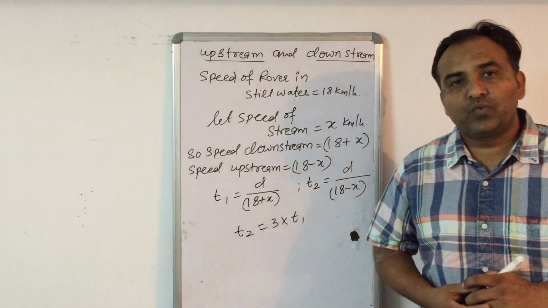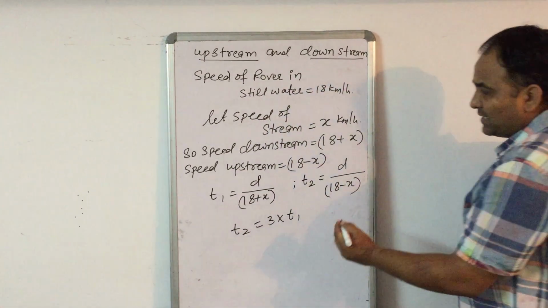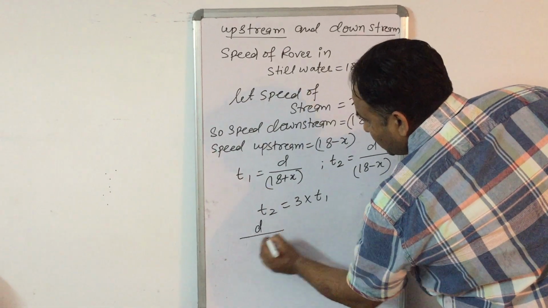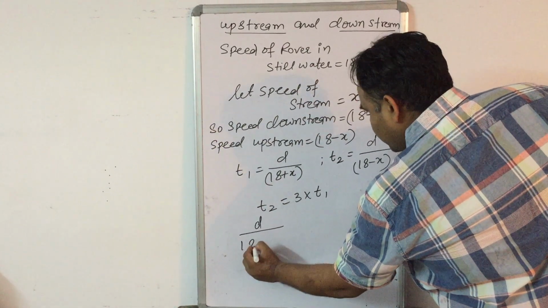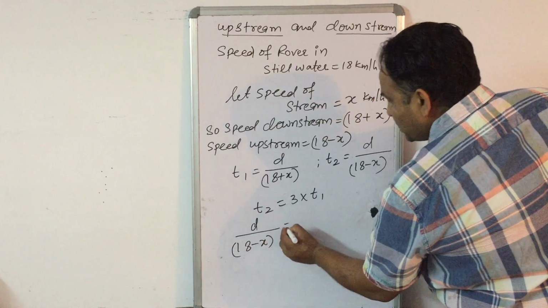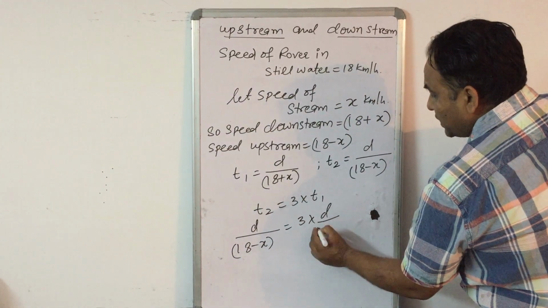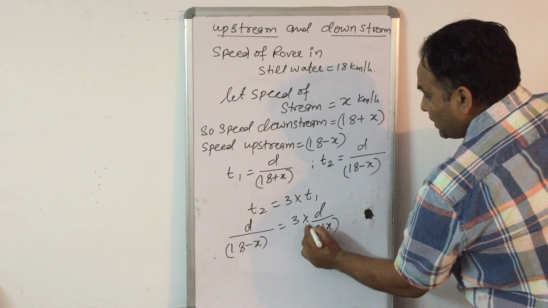Is it clear? Now let's put the values: d upon 18 minus x is equal to 3 into d upon 18 plus x.